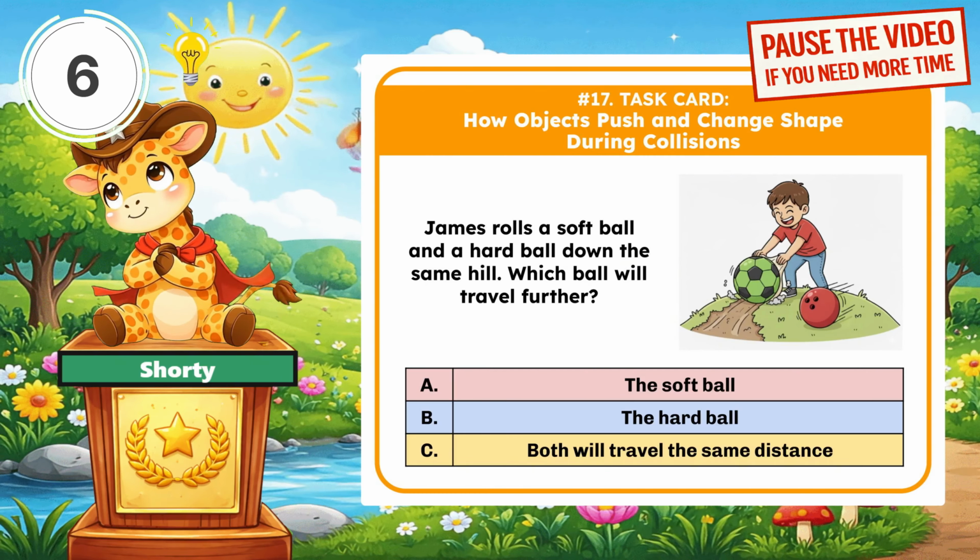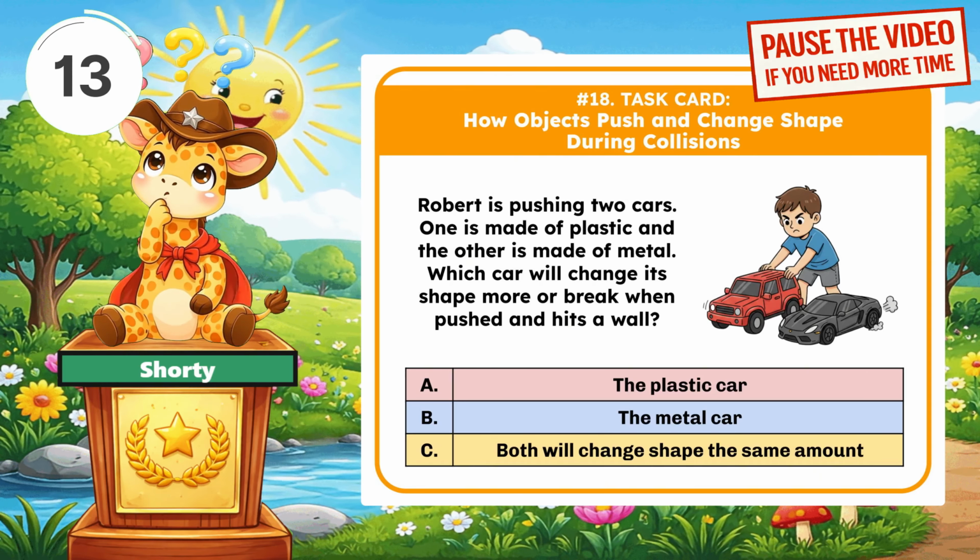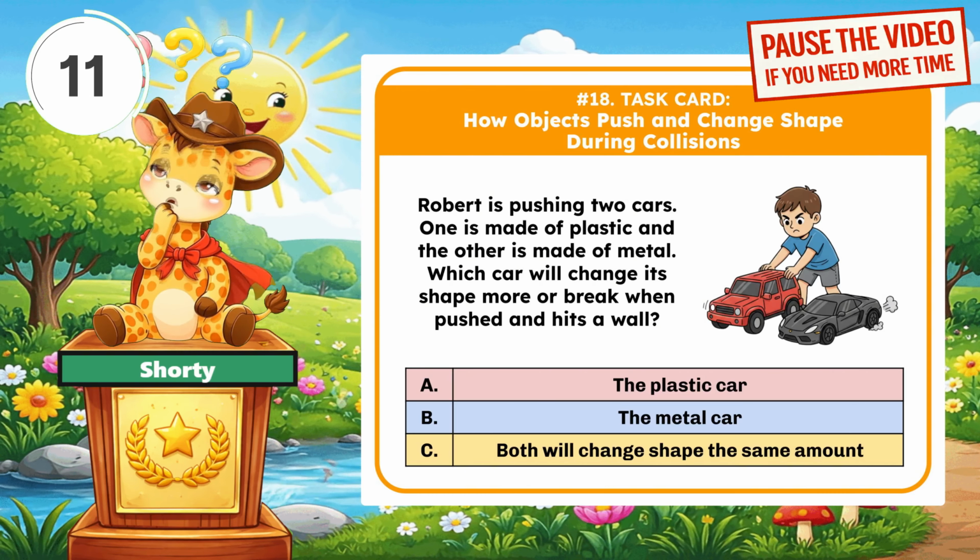One is made of plastic and the other is made of metal. Which car will change its shape more or break when pushed and hits a wall? And the correct answer is letter A, the plastic car.